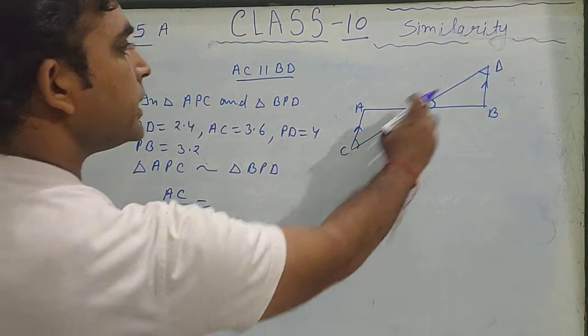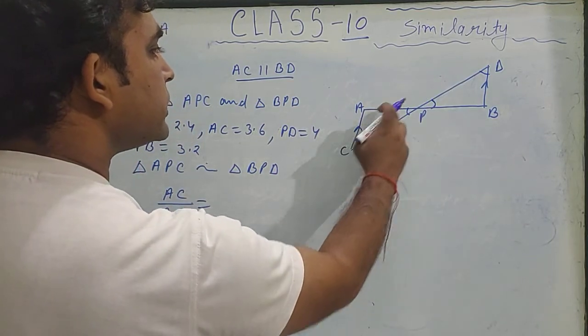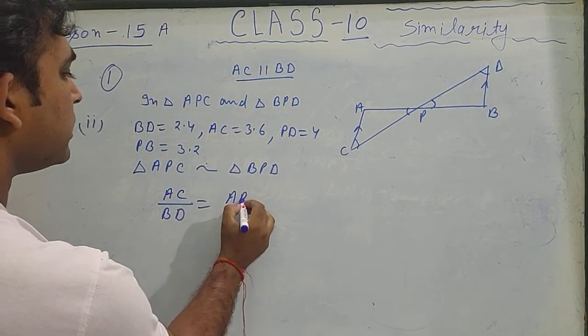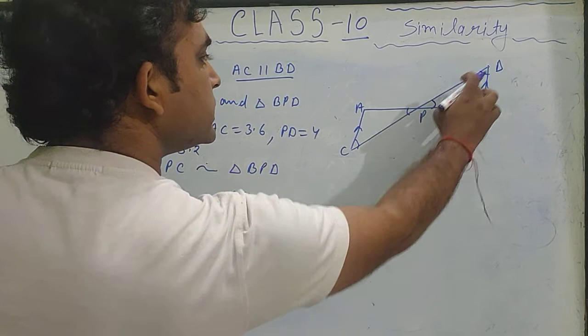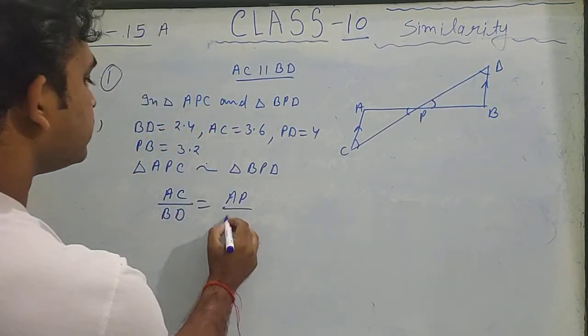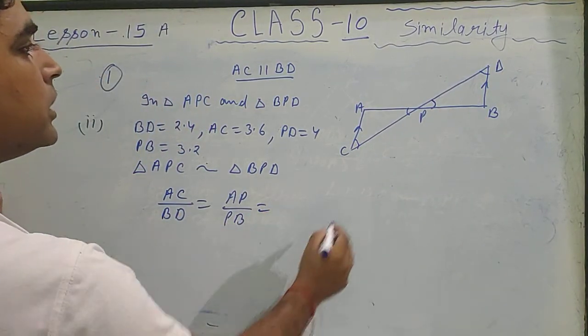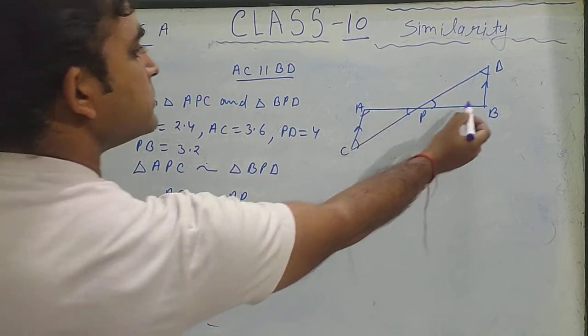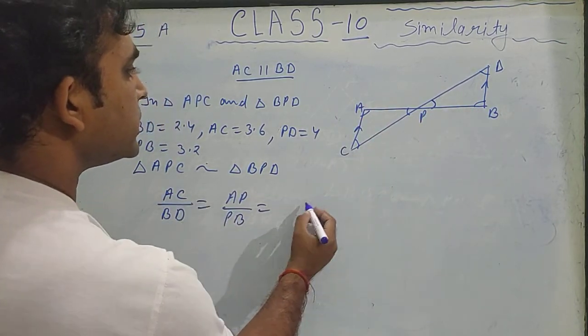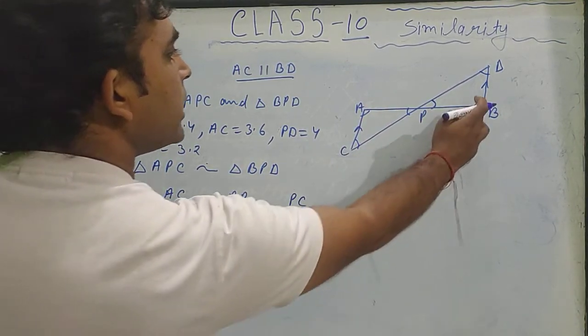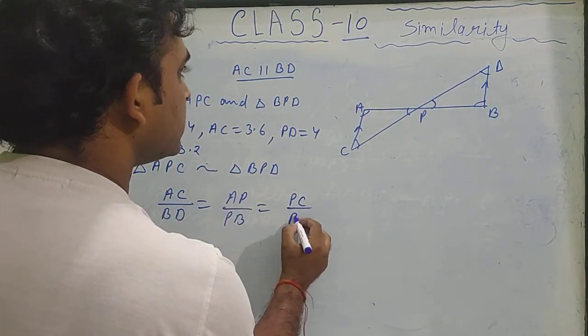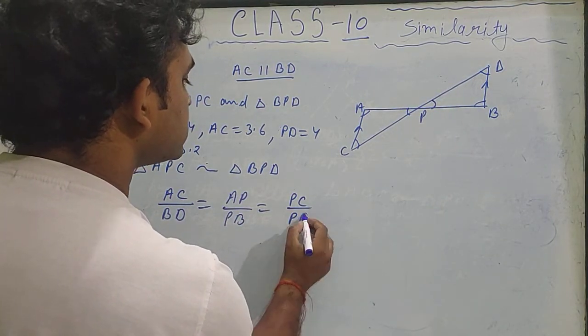Now this angle is equal to this angle, so opposite of this side is AP and opposite of this angle is PB. The third angle is this, so opposite of this is PC and opposite of this is PD, means corresponding sides.